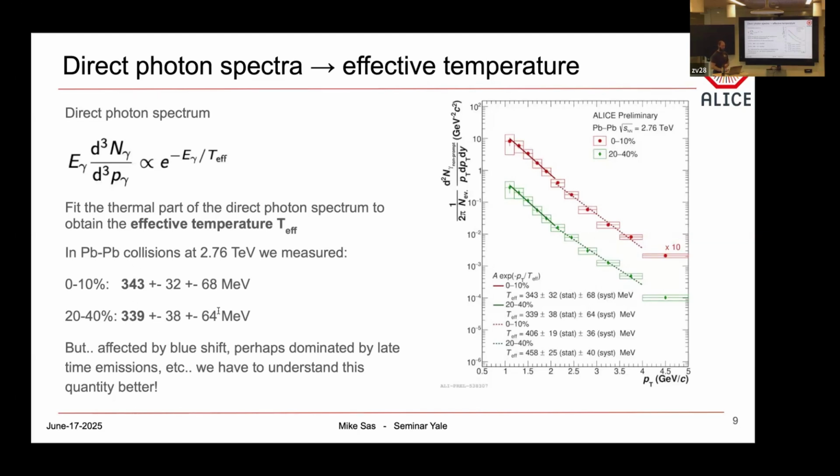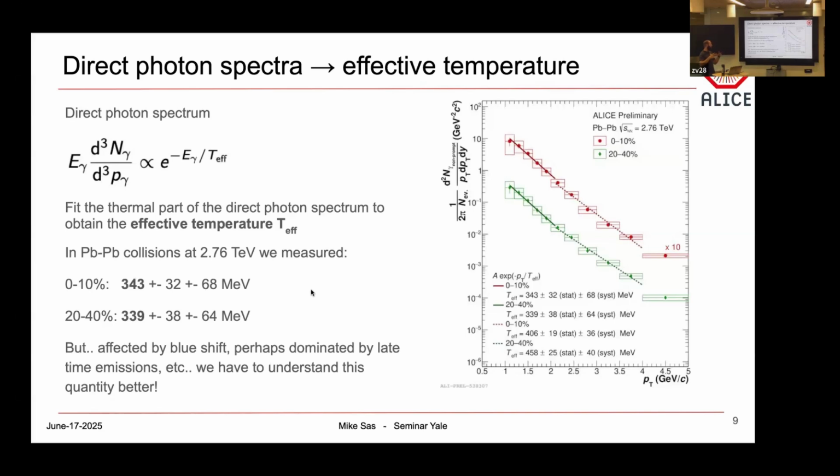Now, what withholds us from doing a good temperature measurement with real photons is the fact that your plasma is expanding, and it expands with about 0.3 c, so like 30% of the speed of light. So you get a real blue shift, because the surface is emitting these photons, and it's like, yeah, the police car is coming at you, right?